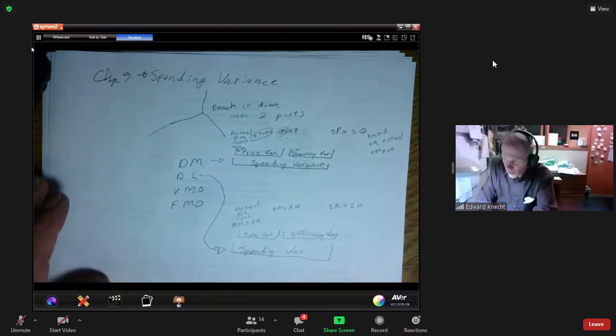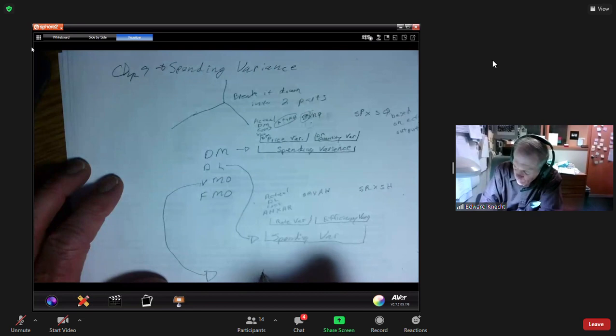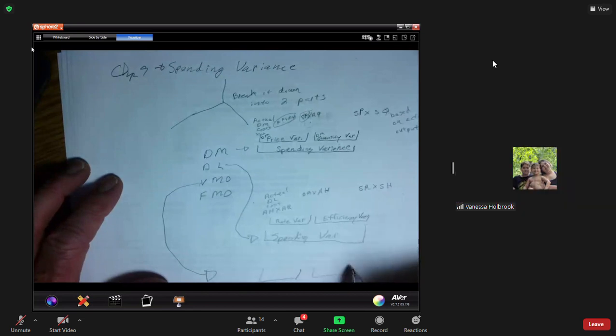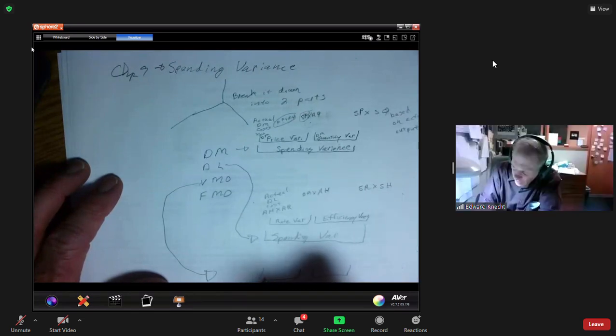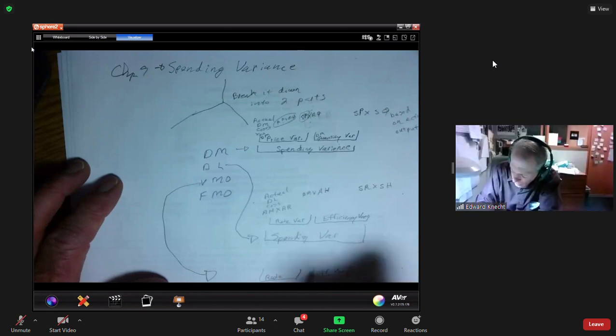Oh, we got 5 minutes. Good. Variable manufacturing overhead is going to be very similar to direct labor. It's called rate variance and efficiency variance. They have the same names.